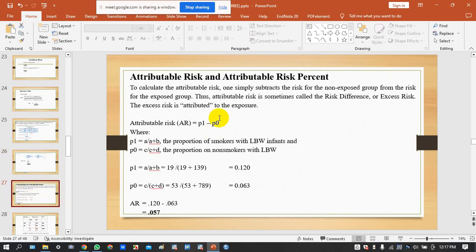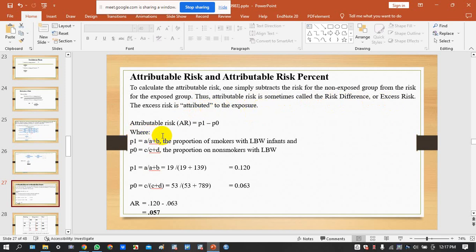So, attributable risk and attributable risk percent. To calculate the attributable risk, one simply subtracts the risk for the non-exposed group from the risk for the exposed group. Thus, attributable risk is sometimes called the risk difference or excess risk. The excess risk is attributed to the exposure.